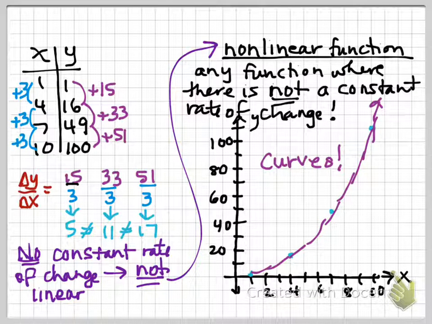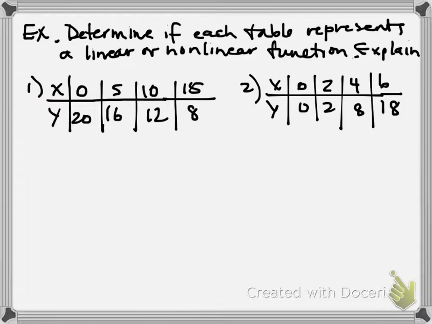So I've got two examples for you guys to work on. The directions say determine if each table represents a linear or nonlinear function, and then explain. In the first one, instead of writing the functions vertically, we're writing them horizontally, so you practice with that. We have our ordered pairs of (0, 20), (5, 16), (10, 12), (15, 8).